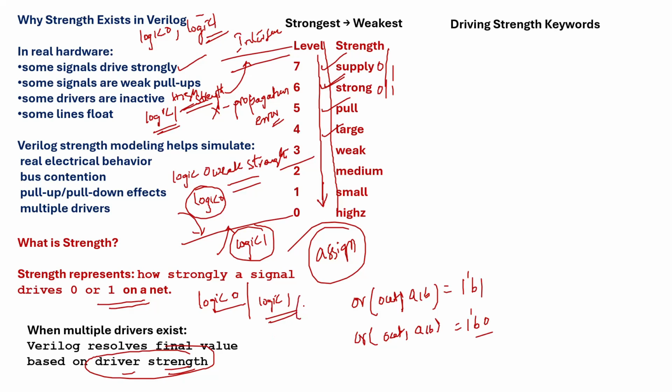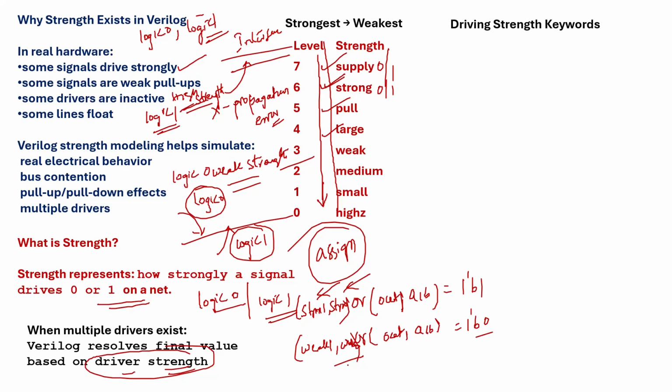These signals have strong 0 and strong 1, meaning logic 1 is driven with strong 1 and logic 0 is driven with strong 0. The other has weak 0 and weak 1.